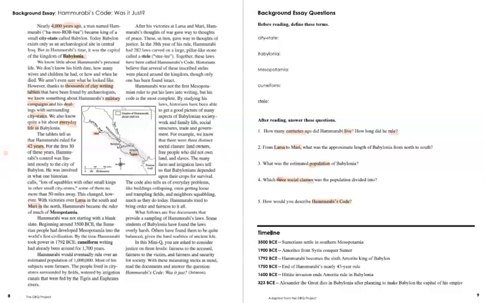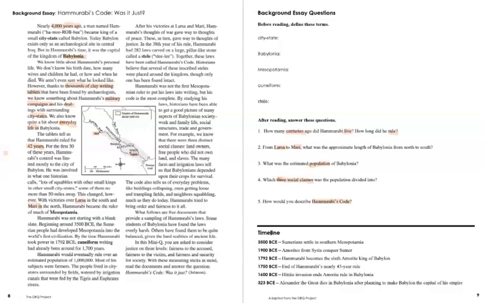Hammurabi became ruler of much of Mesopotamia. So Mesopotamia, remember, is the region between the Tigris and Euphrates rivers. And we can see here Larsa and Mari. And this gray area around there is the territory of Hammurabi's empire in around 1800 BCE.